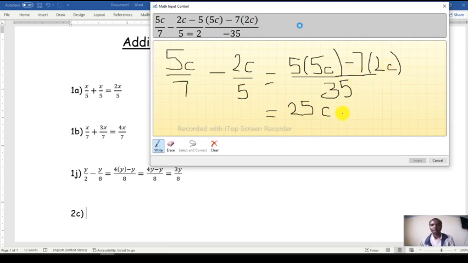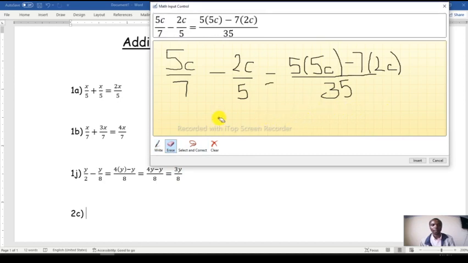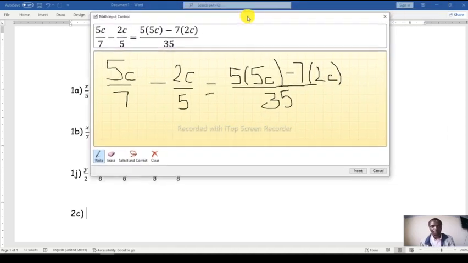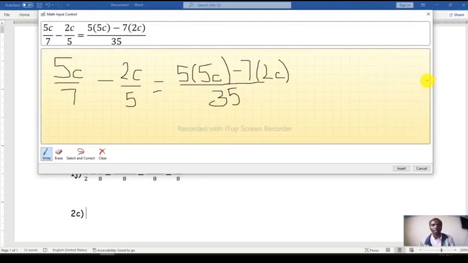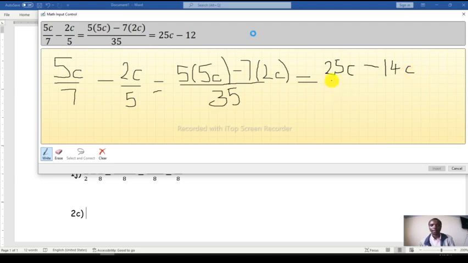Then 7 times 2, we maintain the sign, is minus 14c, over the common denominator 35.